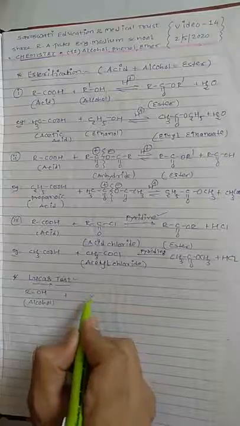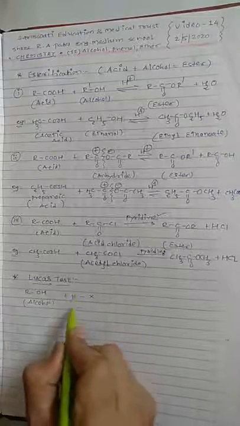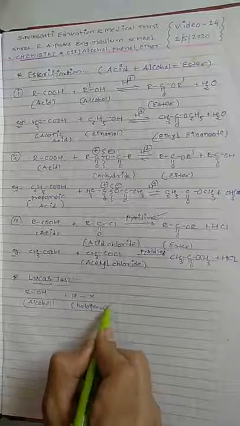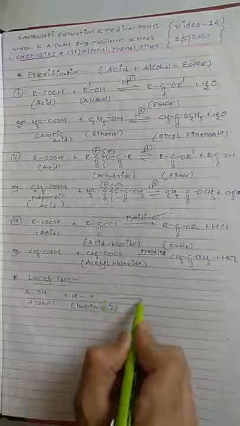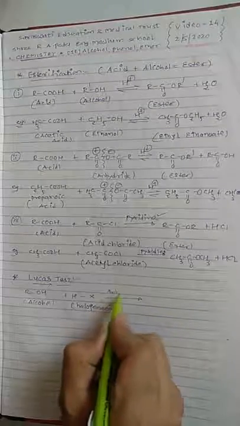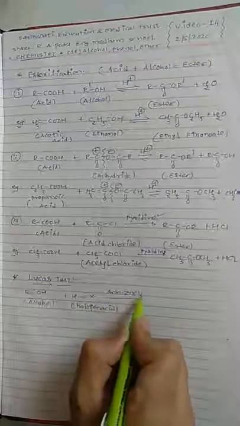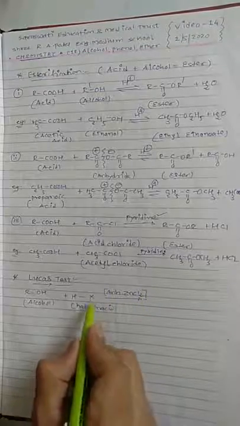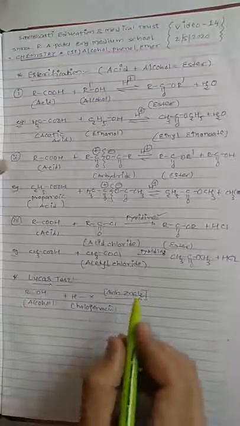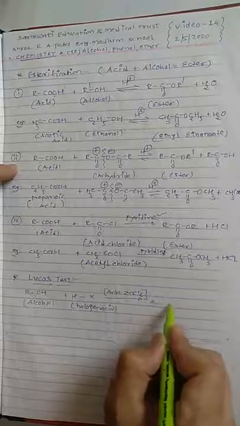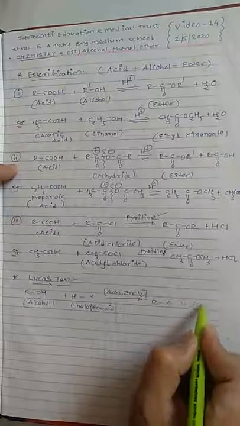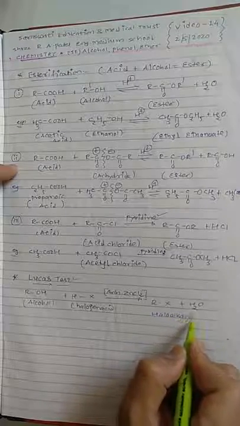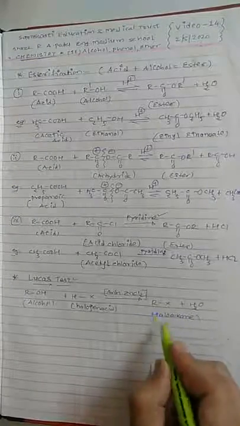When it reacts with a halogen acid HX, in the presence of anhydrous ZnCl2, exchange of halogen takes place. So RX is formed with formation of H2O. So here we get haloalkane as a product.